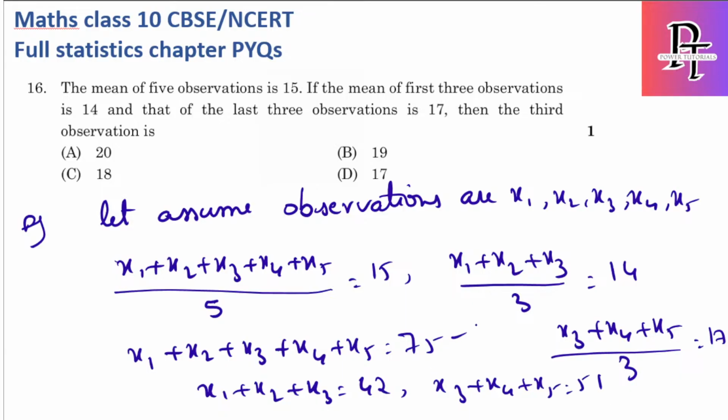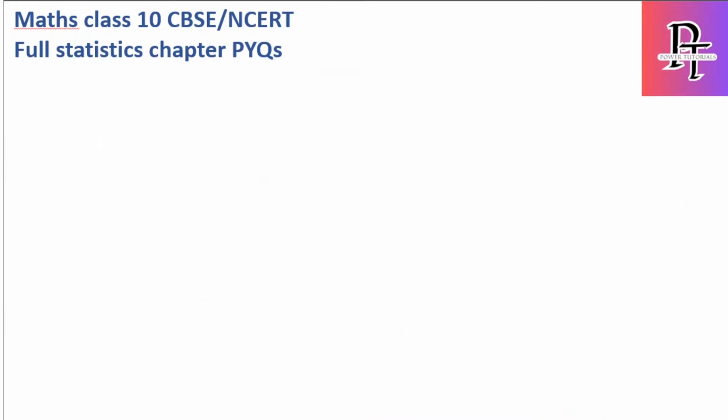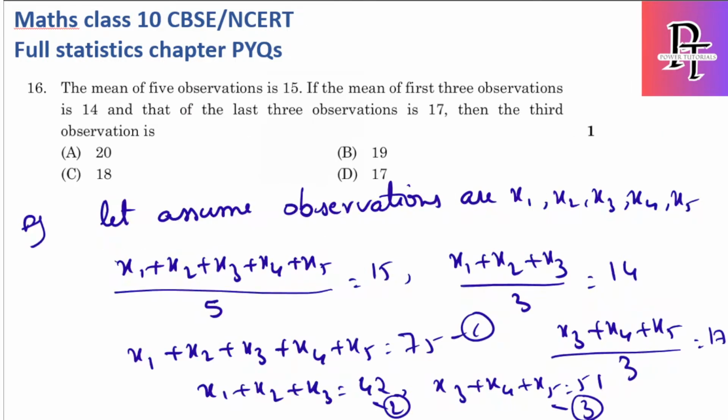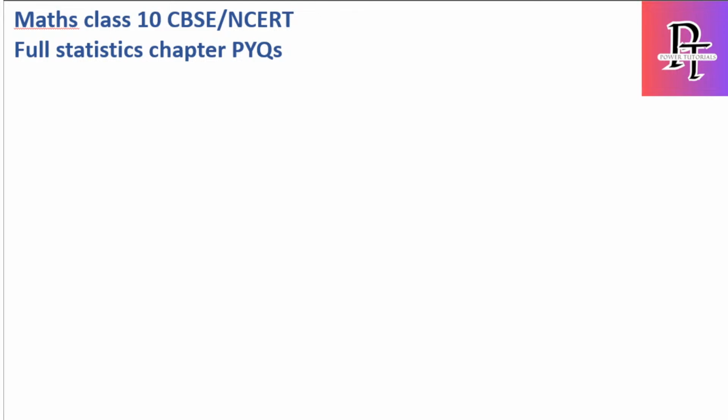Okay, what I will do is, this is 1, this is 2, and this is 3. So I will write 1 minus 2 minus 3, then let's see what will happen. I will perform 1 minus 2 and then again minus 3.